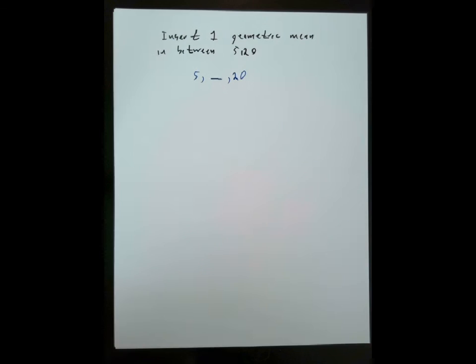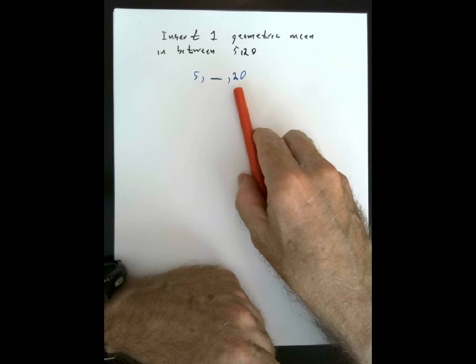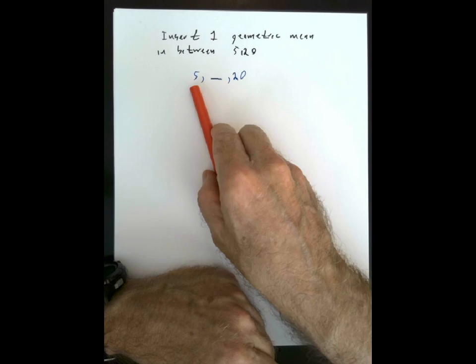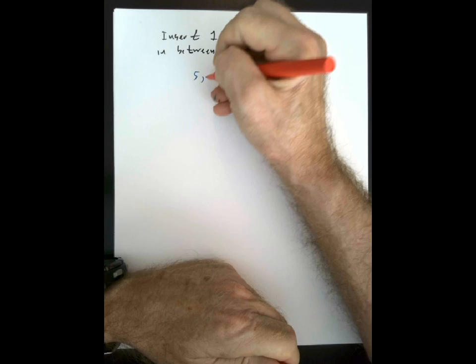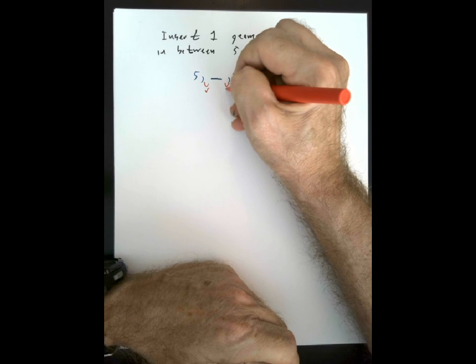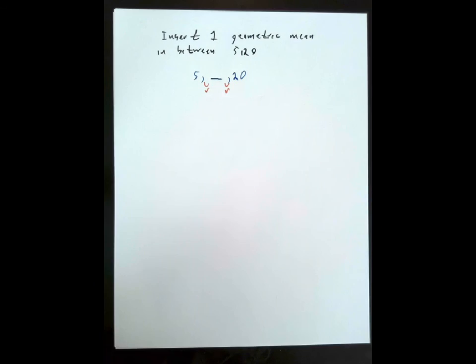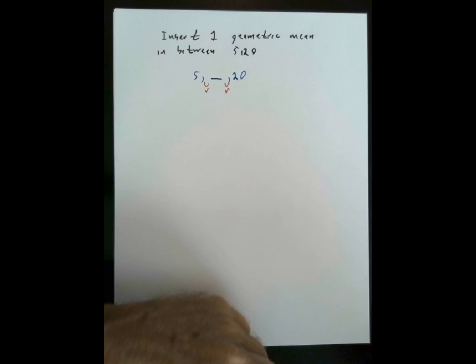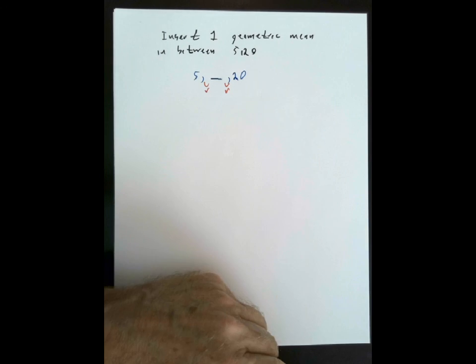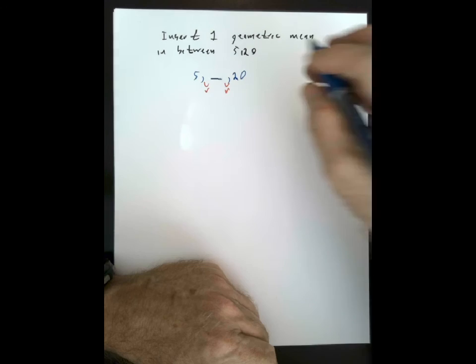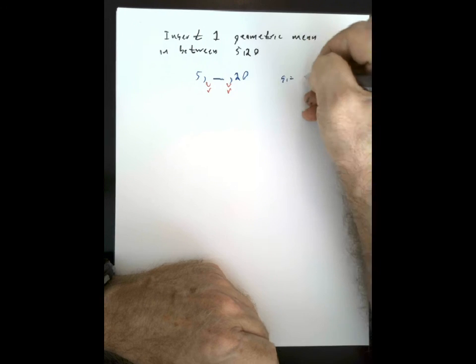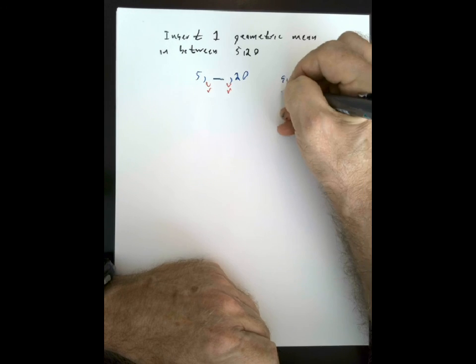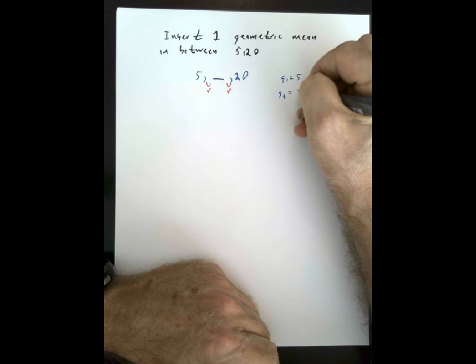All right, so as you can see, we've got 3 terms here. So 5 is the first term, 20 is the third term. So we want to know what's the R that'll multiply to get us from 5 up to 20 with one number in between. So G of 1 is equal to 5. Since there's 3 numbers here, G of 3 is equal to 20.